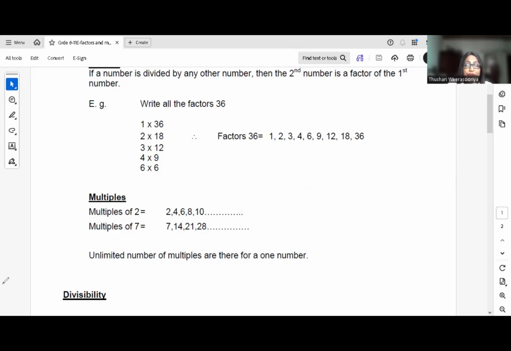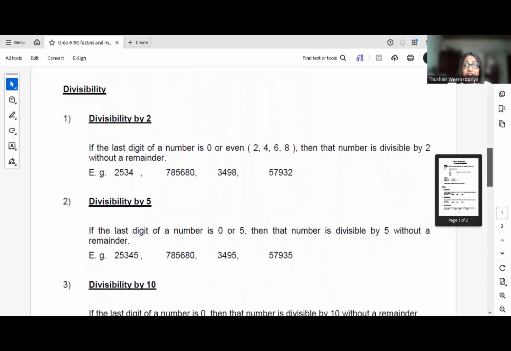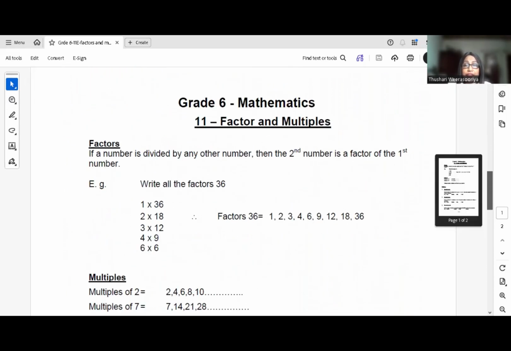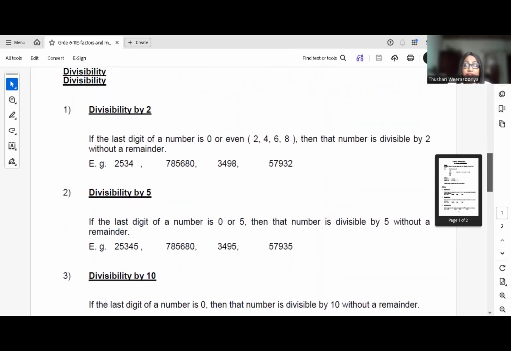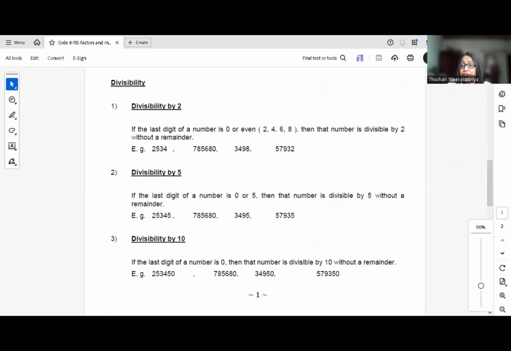Now we'll go to a beautiful part of this lesson. That is divisibility. What do you mean by divisibility?